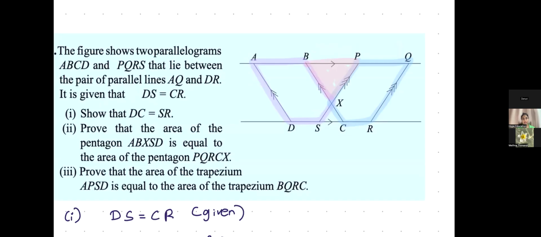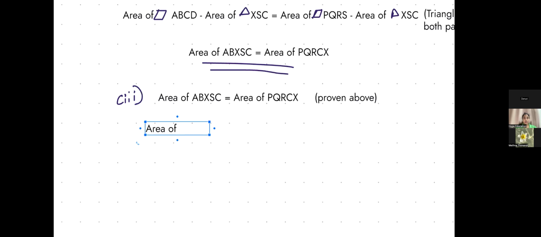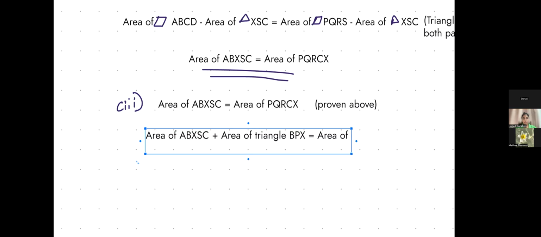Area of ABXSC plus area of triangle BPX equals area of PQRCX plus area of triangle BPX.